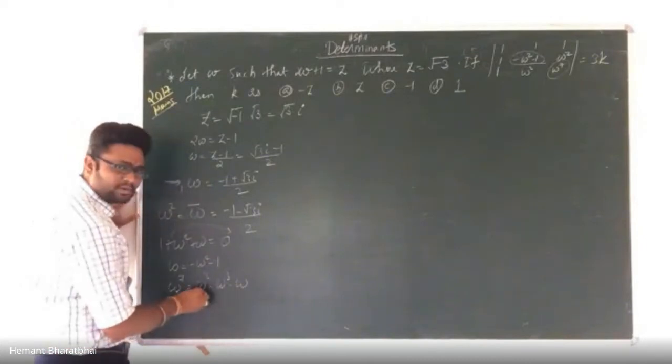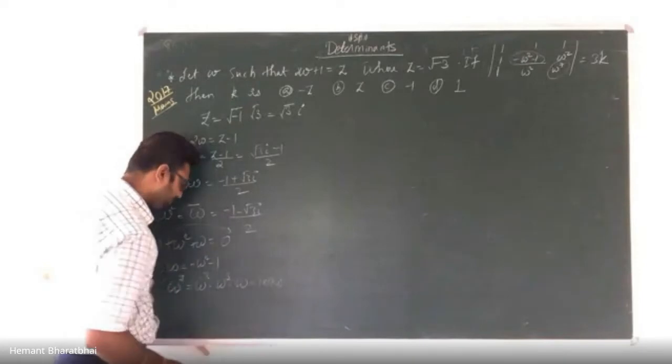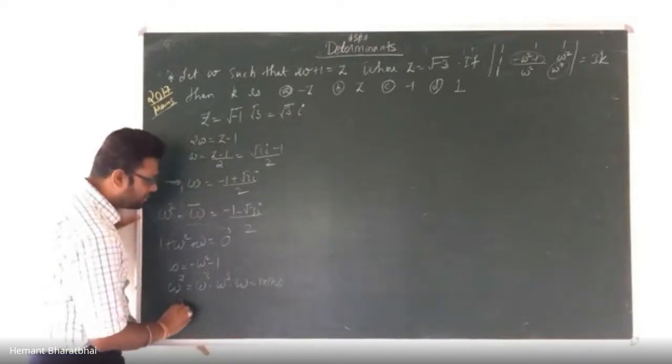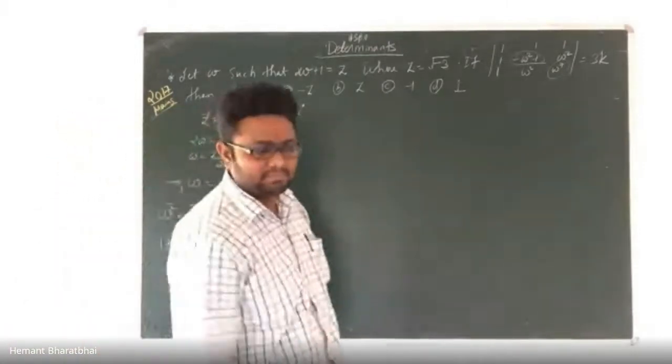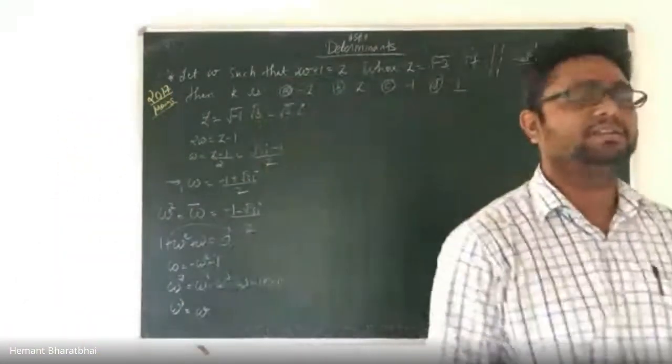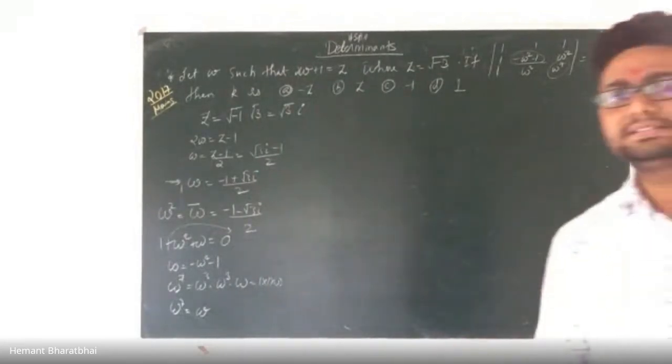Omega cube is 1, so this will become 1 into 1 into omega. Therefore, omega raised to 7 gives me the value omega. You must have studied the formula also, omega raised to 3 plus k, where k is equal to 0, 1, 2. It is cyclic, so we get the values in cyclic form.